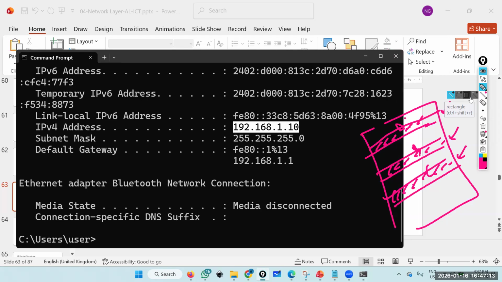For example, remember I told you that a range of IP addresses can be assigned to an organization. Say that range is 16 IP addresses. That doesn't necessarily mean you can only have 16 computers in your network with internet connectivity.